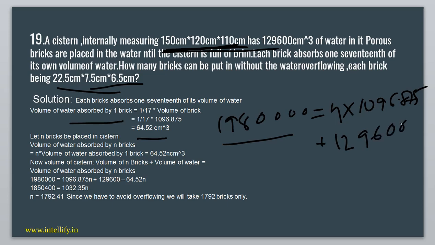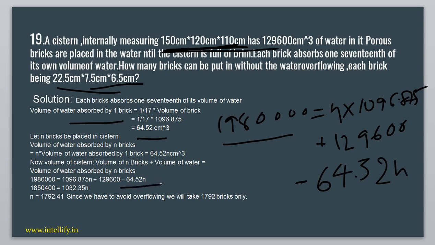129600. Since some of the water was absorbed by the porous bricks, the volume of water absorbed by one brick is 64.52. So we have kept n bricks, so we will subtract the water that has been absorbed by the porous bricks from the total volume of water, 64.52 n, which is given here.